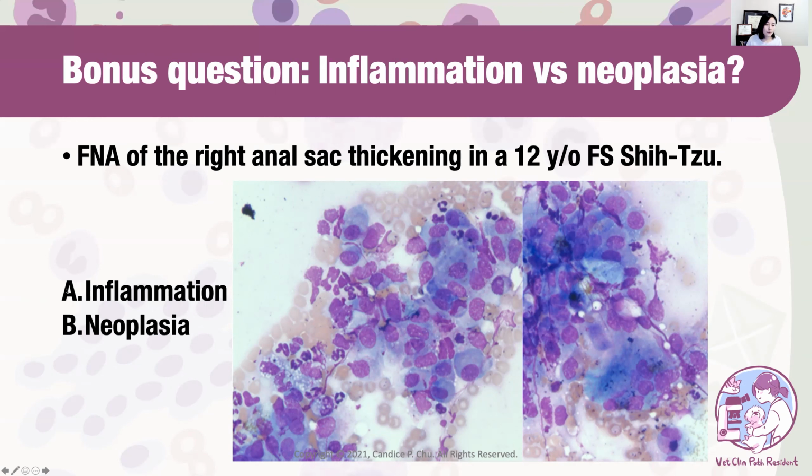So do you think this is inflammation or do you think this is neoplasia? Pick your answer. This is just a bonus question, so I would not take it into consideration. But I will look at your answers for the previous 9 questions and take that into account.